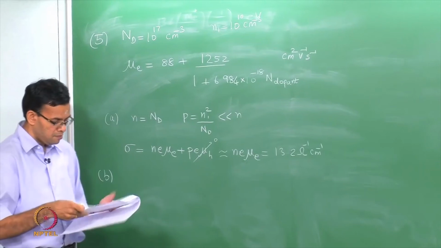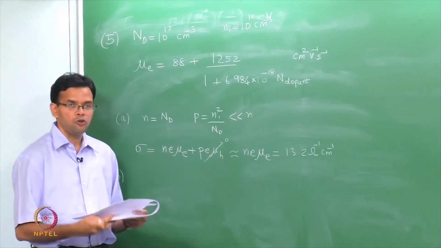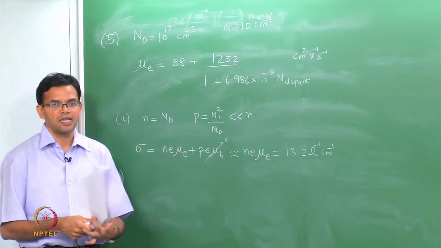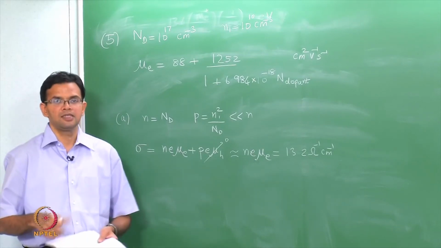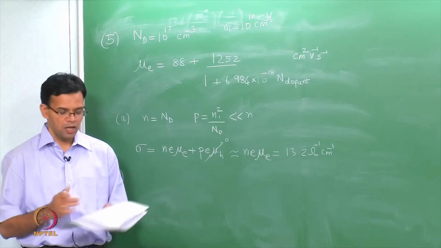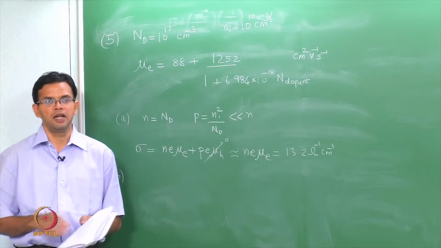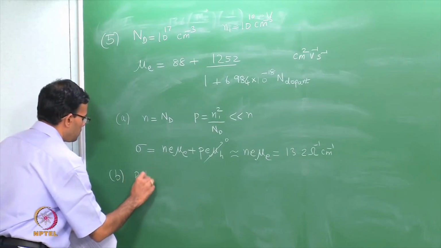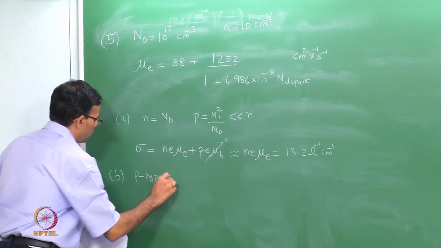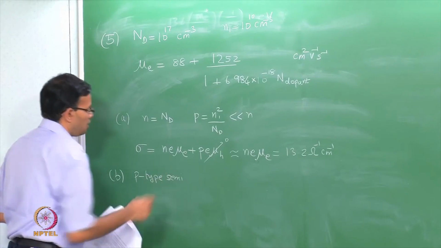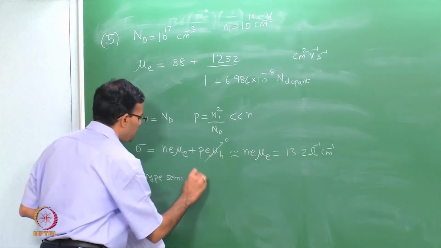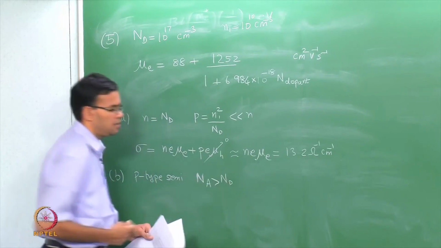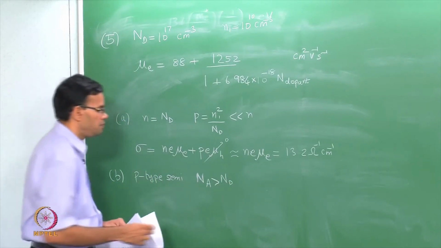In part B, we want to do compensation doping in this system. So, we are going to add acceptors to make this sample p type with the same conductivity value. So, now we have a p type semiconductor, and we do this by adding acceptors Na, and this must be greater than the donor concentration Nd.